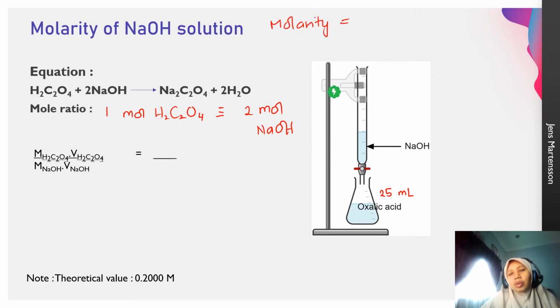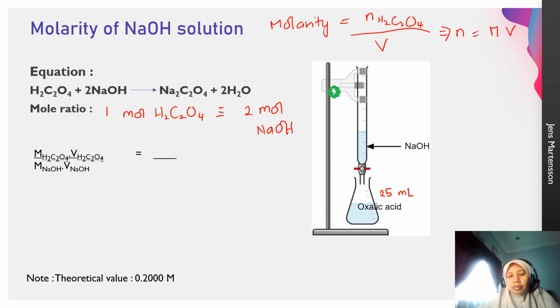Okay, now, to calculate, remember from the formula, molarity equals to the number of mole of solute, say that it is oxalic acid, over the volume of solution. Rearranging this formula gives you n equals to M times V. So this is what I have here. Molarity of oxalic acid times the volume of oxalic acid equals to the number of mole.